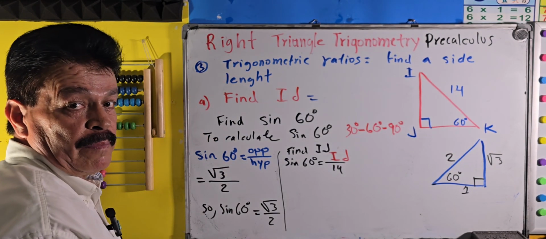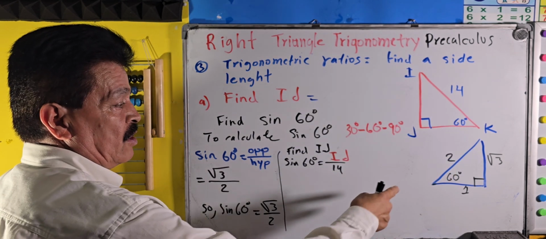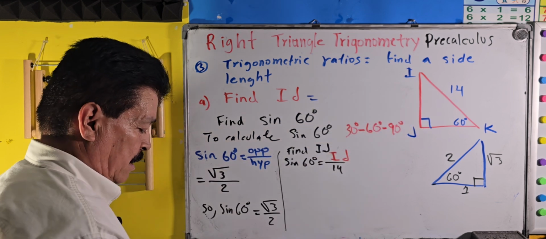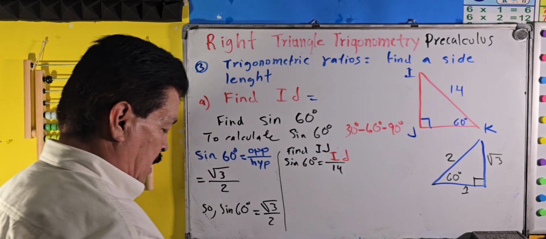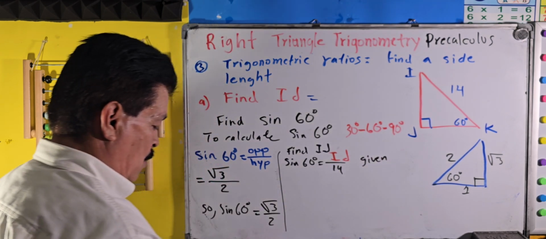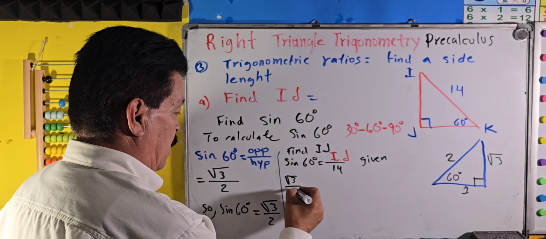See our problem? It's a little tricky right here. We use two triangles, the special triangle right here, and then our problem. This is our problem. Now this step is given, right? So now we will have square root 3 divided by 2.